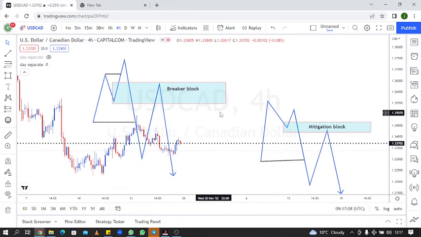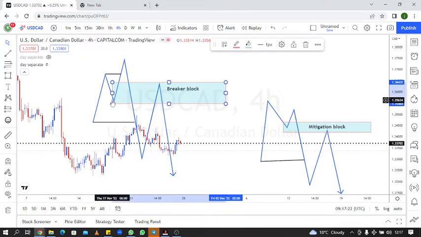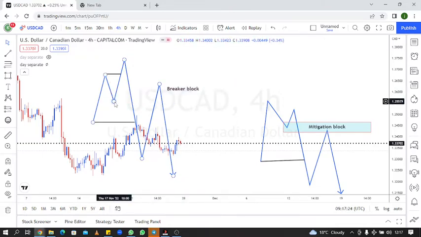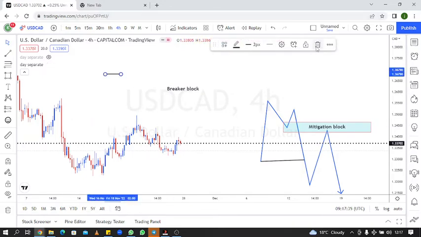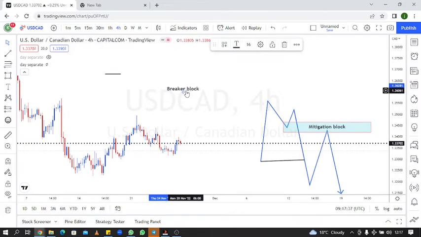We can still have a mitigation block for a buy. So we shall have our mitigation block for a buy. So we have just finished showing a mitigation block for a sell.